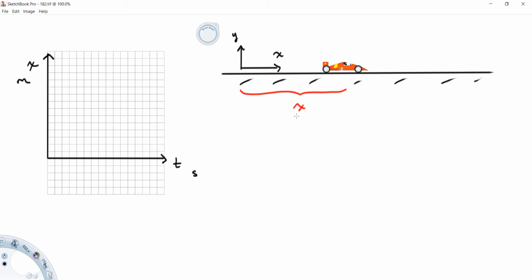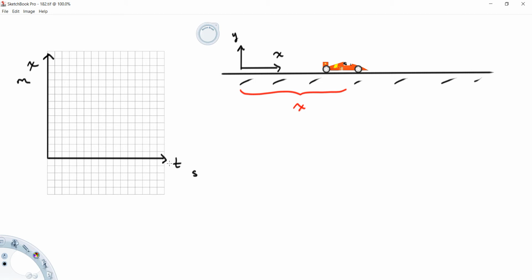Now we're going to chat a little bit about what a graph of position versus time would look like. So if we call x the position of the car, then what we'd be plotting would be x on the vertical axis, probably in meters, but it could be in centimeters or kilometers or feet or miles or any given distance. However, the gold standard in physics is the meter.